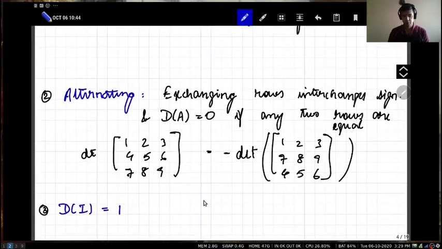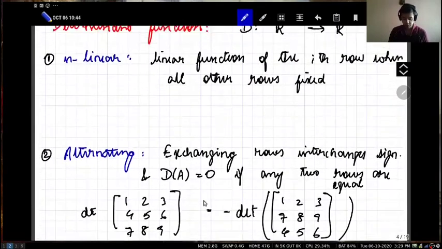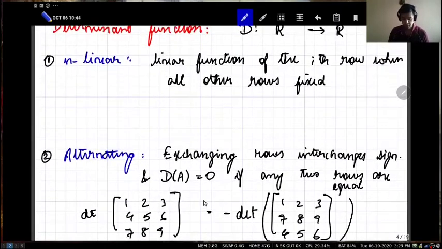For example, I could define a function such that D of the identity matrix takes value equal to 2. If I replace this definition with the property that D of the identity matrix is equal to 2, then I would get a different function from the conventional definition of a determinant, but the D function would still be consistent in the sense that there is no ambiguity as to what D is for a particular matrix.